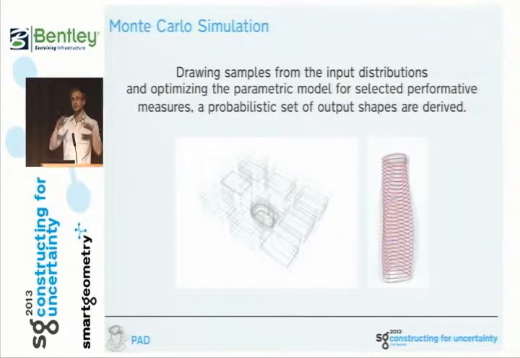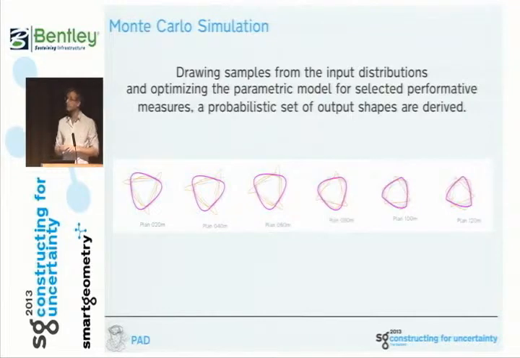From all these uncertain heights, we got a cloud of probabilistic shapes or envelopes out, and then found the mean and the standard deviation in this shape space. This just cuts sections through this shape.